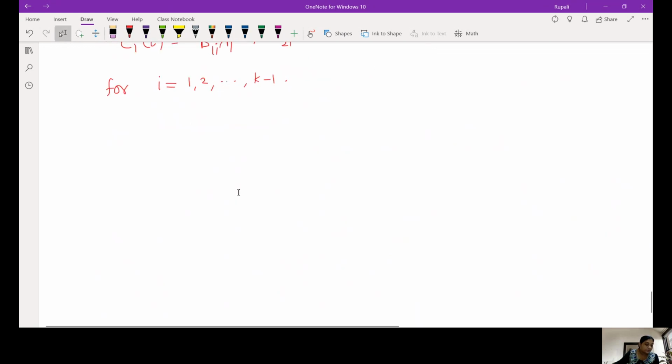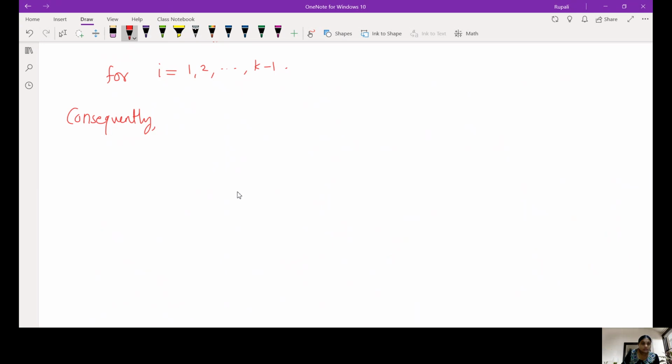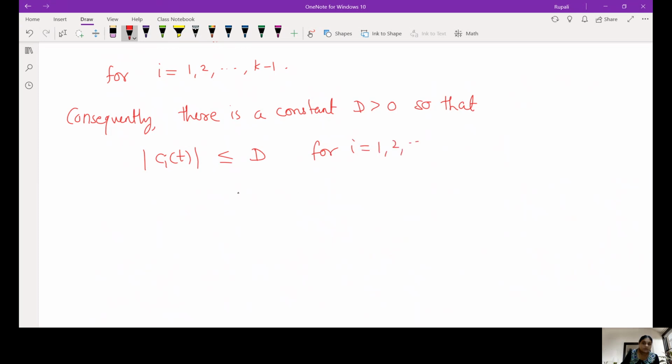Okay, so this implies, consequently, there is a constant d strictly greater than 0 so that |Ci(t)| is less than or equal to d for i = 1 up to k minus 1 and t greater than or equal to 0.